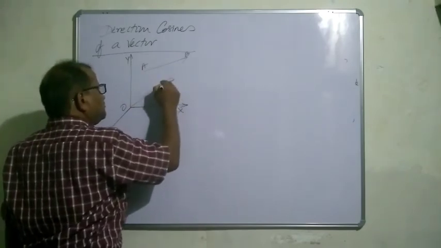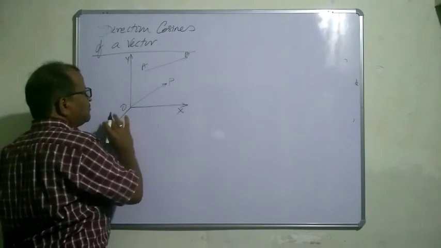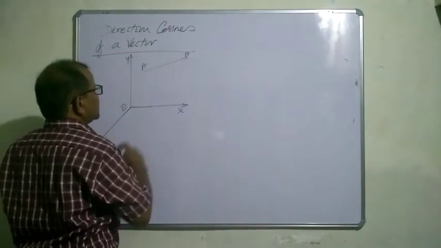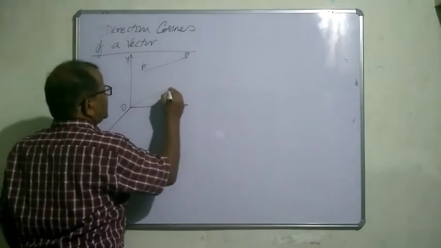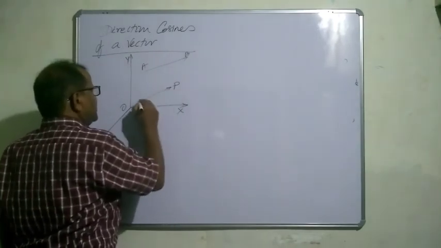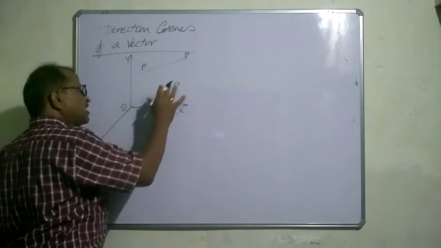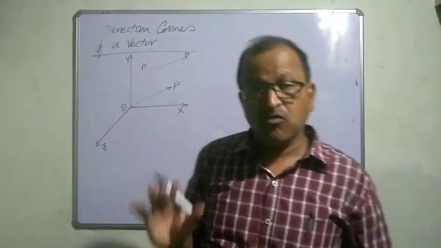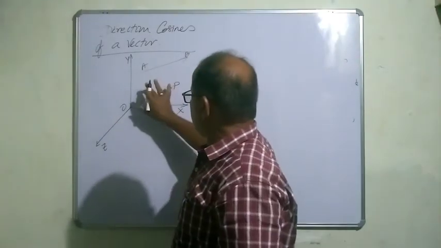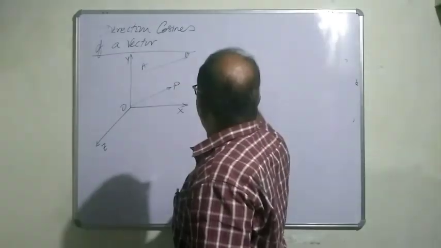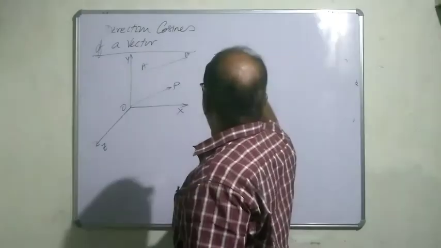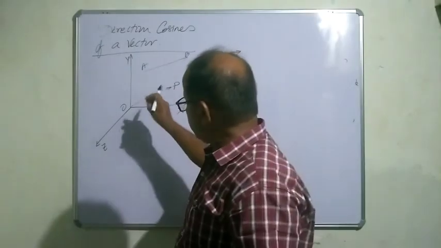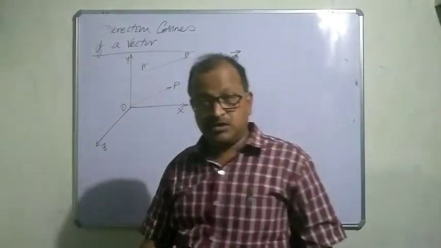Suppose it is the point P. Here AB is parallel to OP and the length of AB is also the length of OP. Just OP vector is equal to AB vector, like this. We can draw it from the origin.